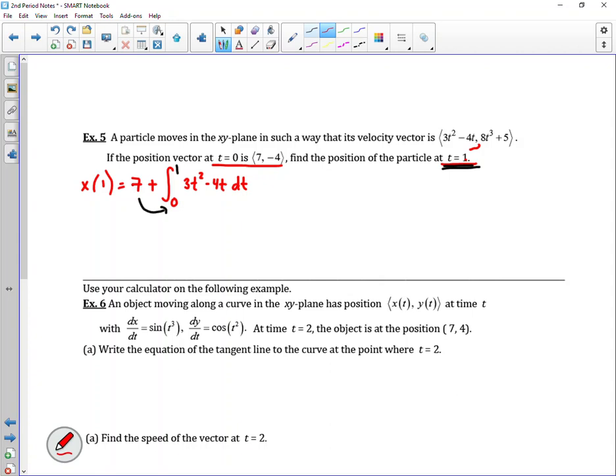Let's go ahead and finish it. So it's just 7 plus, and then this will be t cubed minus 2t squared from 0 to 1. And if I plug 1 and 0 in, it'd be 7 plus 1 minus 1, so 6.